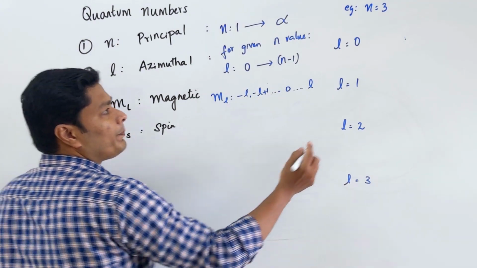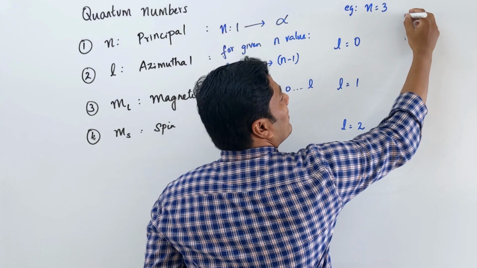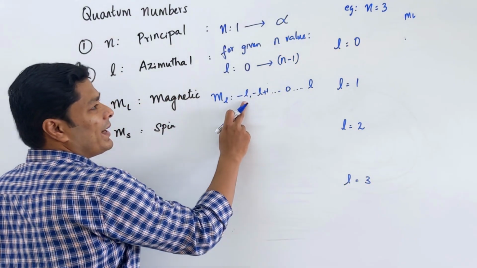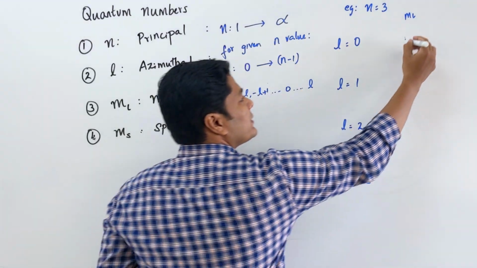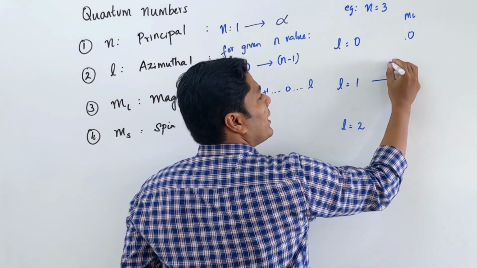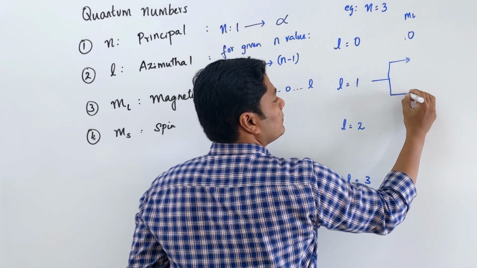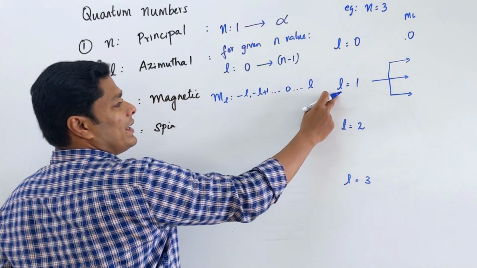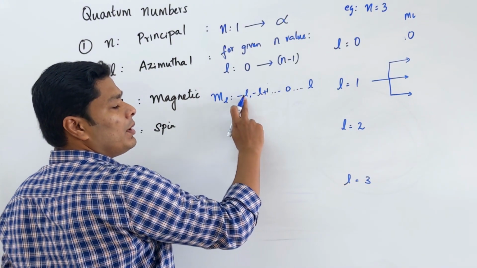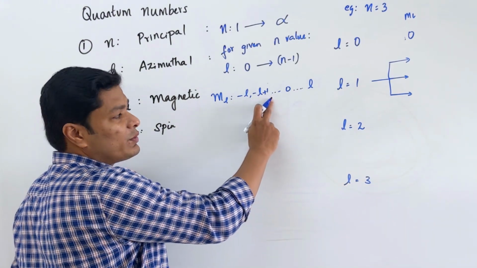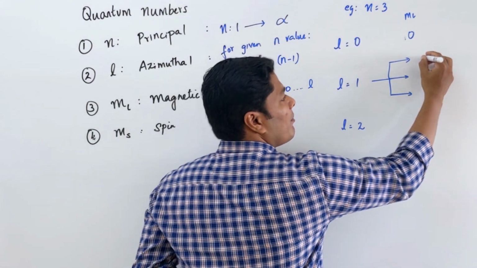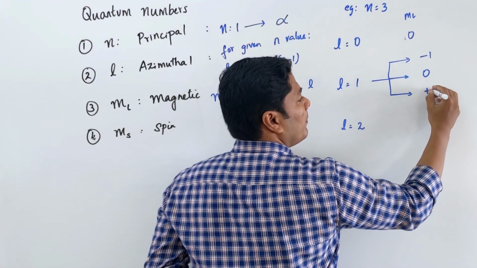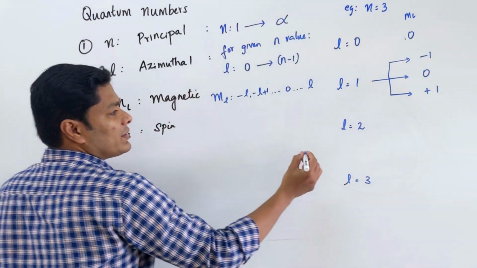For example, I am going to write my ML values. Minus L is 0, 0, 0. So this is 0. So when I have L equals 1, I have minus 1, minus L plus 1. Minus 1 plus 1 is 0. Already I hit my 0. So I have minus 1, 0, plus 1. Now let's look at 2.